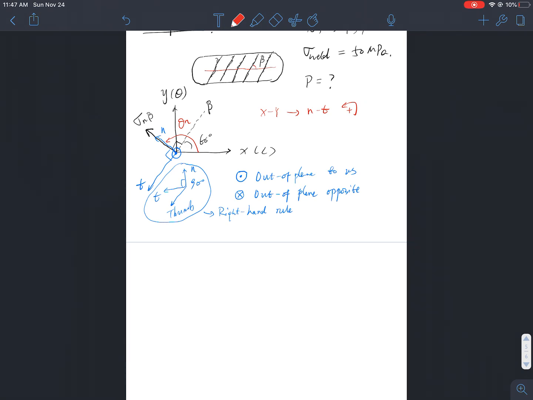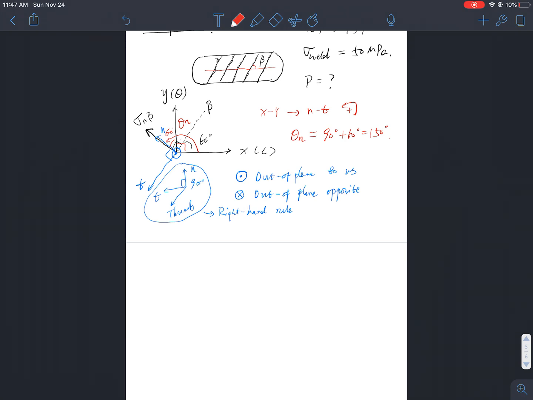Here, theta N equals 90 plus 60, so I have 150 degrees.